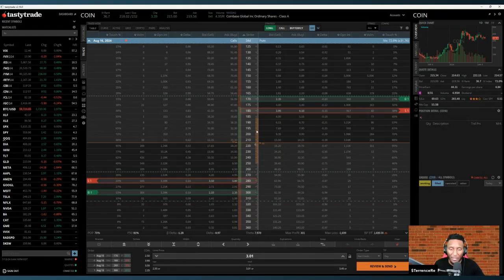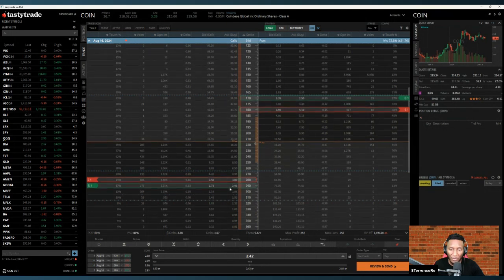You're way outside of the expected move. Got a defined risk trade. You're risking. Oh, see, that's actually $20 wide because the strikes got bigger. So I would maybe do it like so. Collecting 242 and then risking 758.